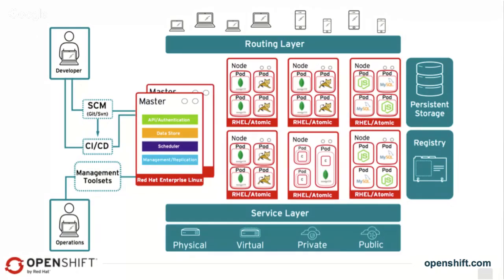It's also interesting to see that there is a container registry in OpenShift. You can build applications from source, and that's what we will be doing. Once those applications are built into containers, they will be stored in the OpenShift registry, so they can be accessed later.